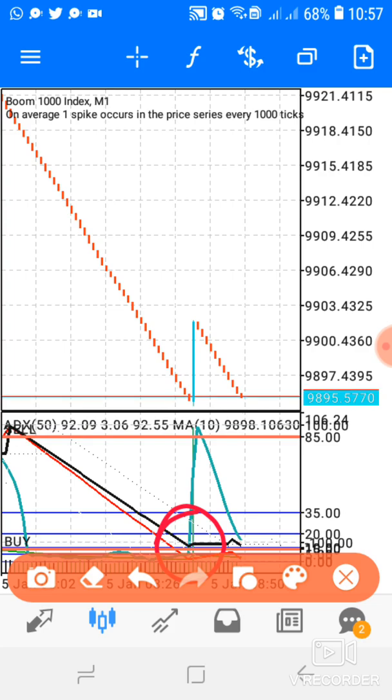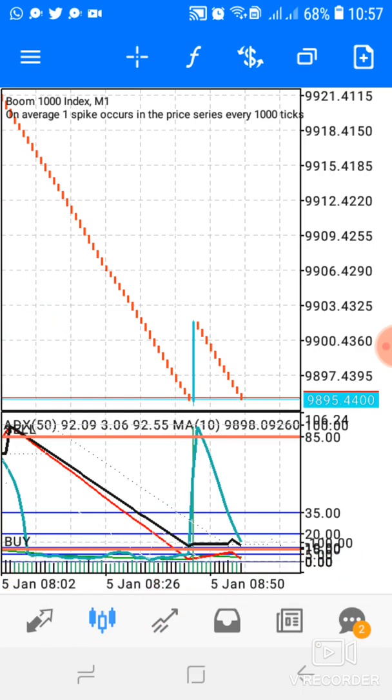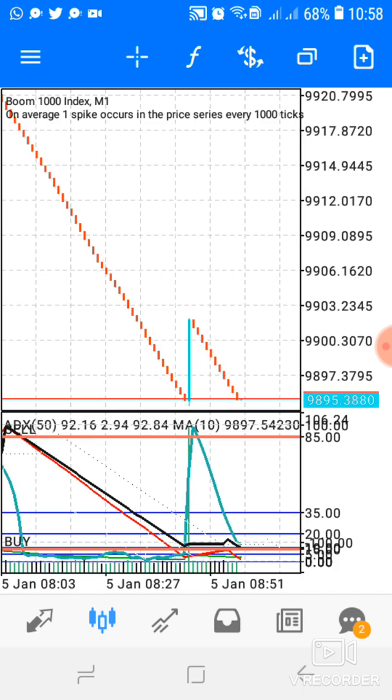Now it will tell you if there will be another spike. How to see that? Once they meet again, it will tell you if you have to enter the market or what. In this case, you will have to wait for the market to confirm for you.